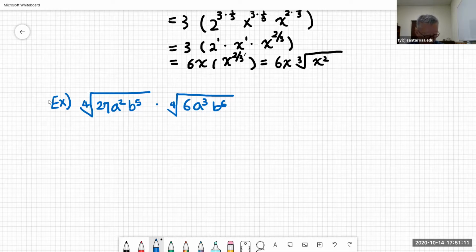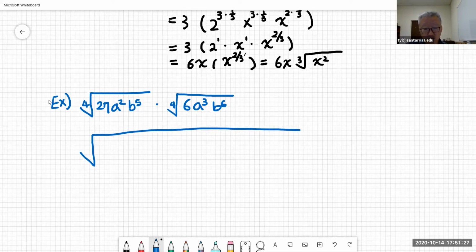All right. So what we're going to do now is multiply, since we have the same index. We can do that. So that's no problem there. So I'm going to put it under the big fourth root over here. So you got 27a squared b5 times 6a cubed and b6.